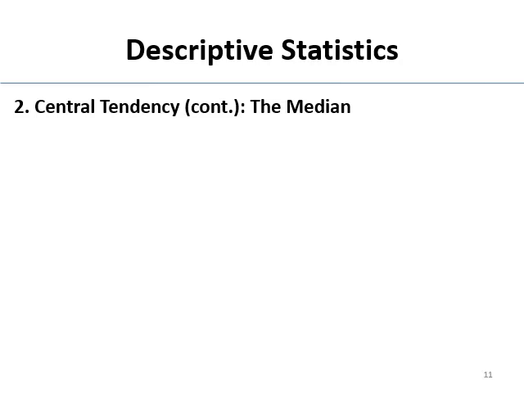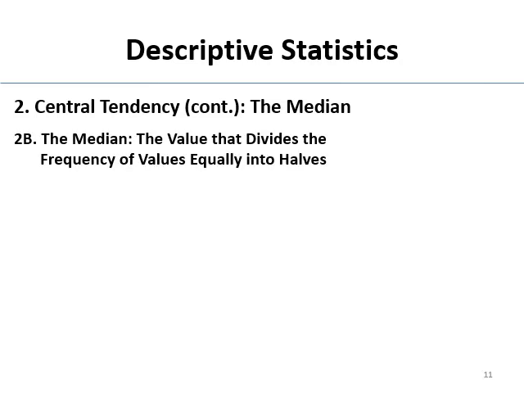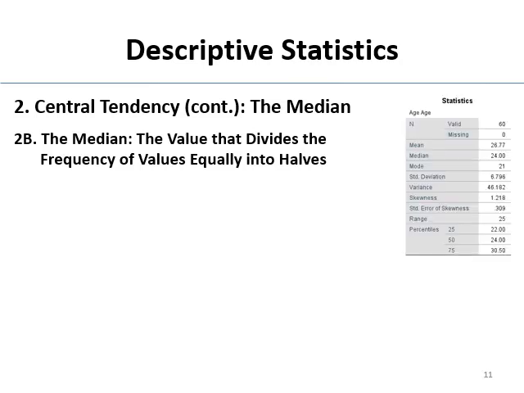So moving on to the median. Again, the median is the score that divides the frequency of values into halves. Okay, so 50% below it, 50% above it. Again, here's SPSS doing it for us, and it's 24. So half the class was younger than 24, half the class was older than 24.